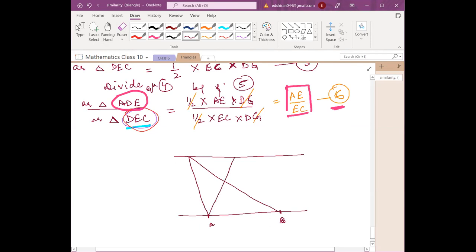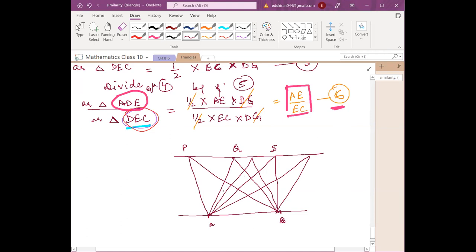One triangle is APB, one is AQB, and I can draw the third one also, ASB, or anything you like. Basically, infinite triangles can be drawn. All these triangles will have the same area.